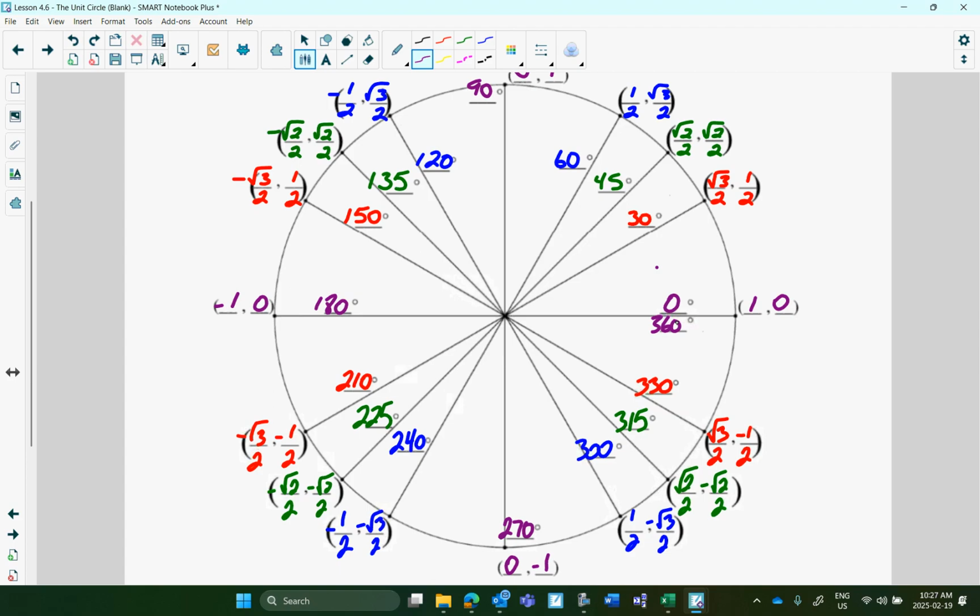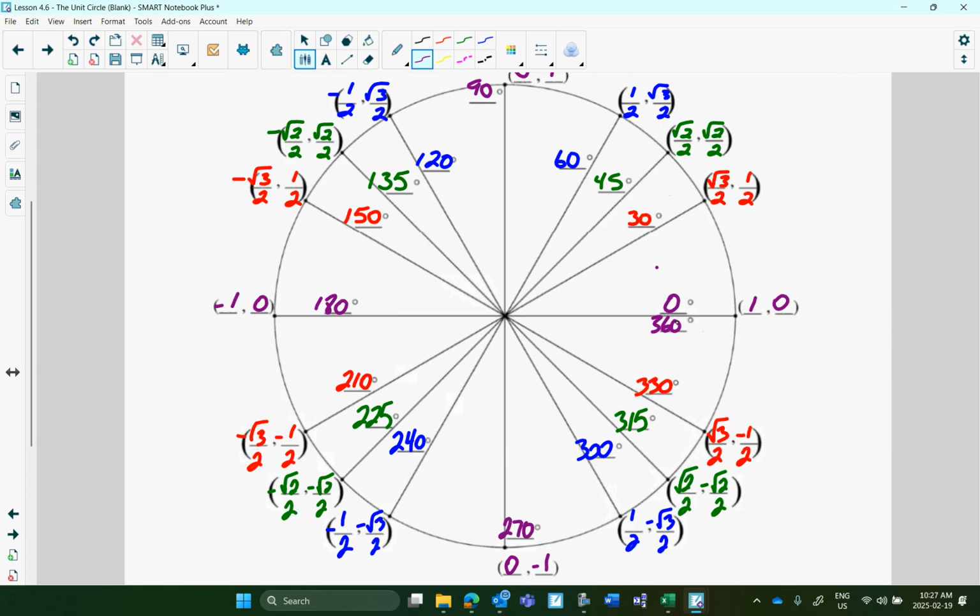How do we remember these things? Everybody's got different ways. You can use your hands like that, if you can remember these. Okay, how do we remember the values? Well, these ones aren't bad because they have zeros, ones, or negative ones. But look at the pattern.